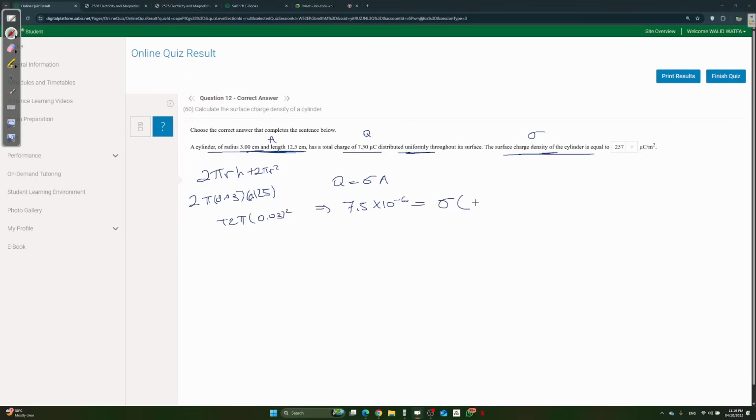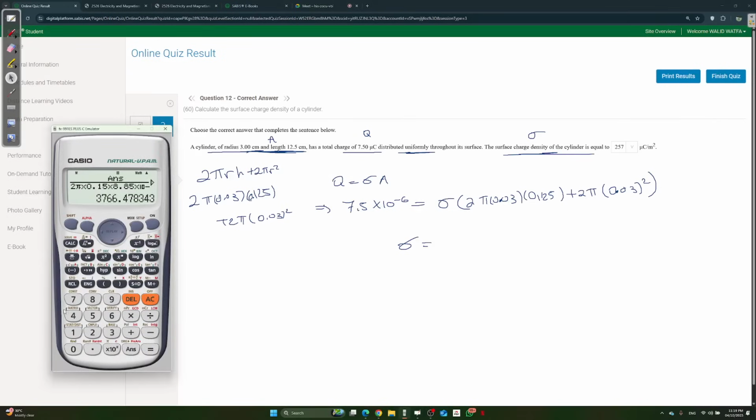Alright, so it's going to be 2 pi times 0.03 times 0.125 plus 2 pi times 0.03 squared. Finding sigma is just going to be this divided by this. That's a lot of math, let's just do it together.